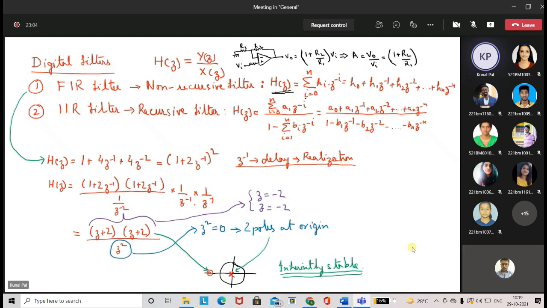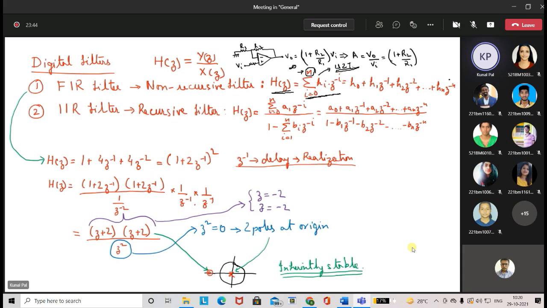If you remember correctly, this is similar to the unilateral Z transform, but here the i value is limited, whereas in the unilateral Z transform, the n value continues up to infinity. So it is a limited case of the unilateral Z transform.